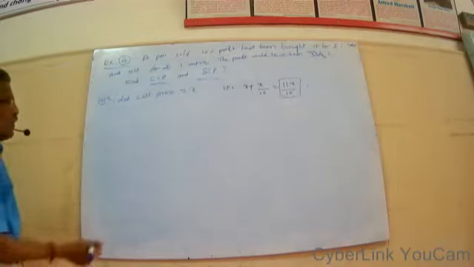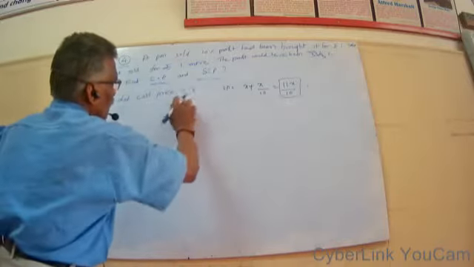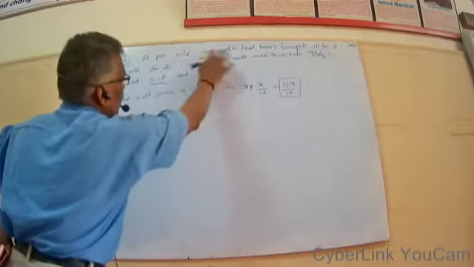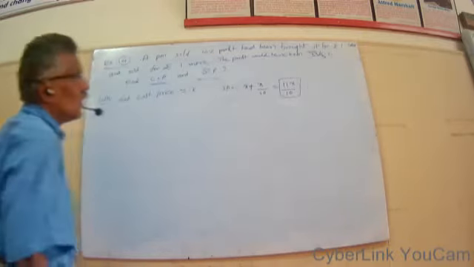These are required. So let the cost price be x, and the selling price with a profit of 10% would be this.